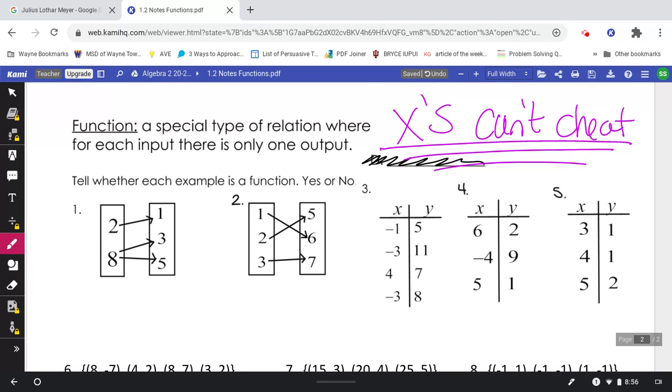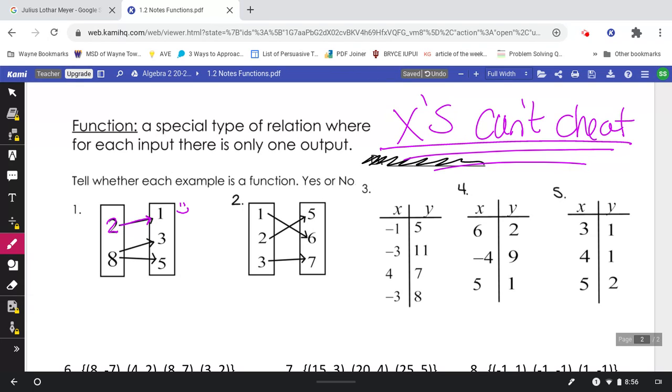So what I mean by this is a relation is just a pair of numbers, kind of like a relationship is a pair of people. And the X's are one person in the relationship and the Y is the other. And if the X is supposed to be dating Y, it shouldn't be dating anybody else. Let's look at example number 1. 2 is all coupled up with 1. They're a happy little couple, right? Everything's good.